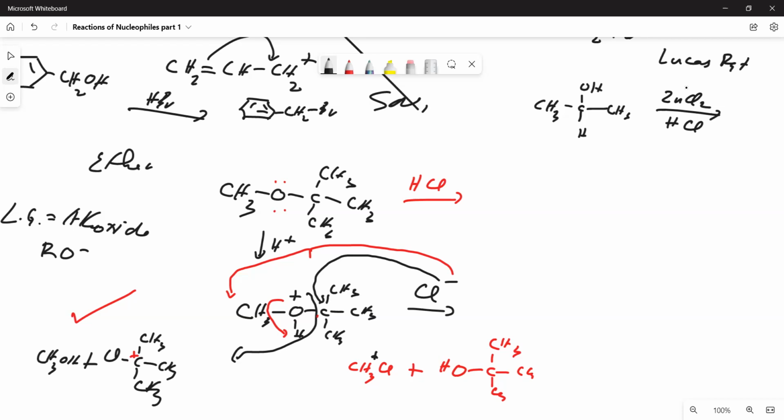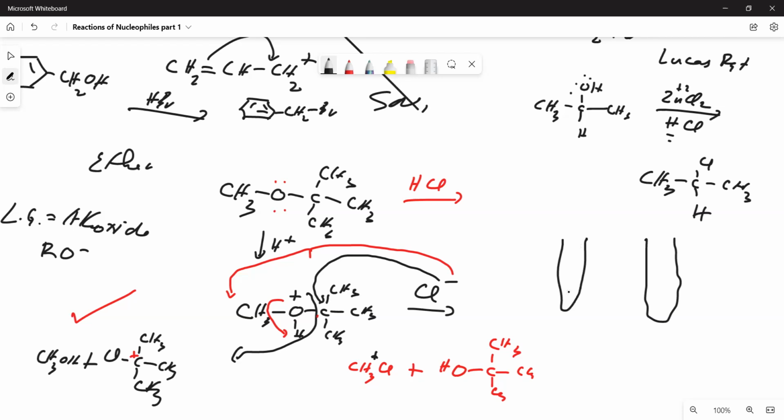The zinc, which is +2, can interact strongly with the OH, enhancing the removal. So aside from the H plus to protonate the OH, the zinc +2 can also enhance the removal, generating the alkyl halide. And alkyl halides are insoluble in water. Alcohols are soluble. So you can see in the test tube during the experiment if alkyl halide is formed.